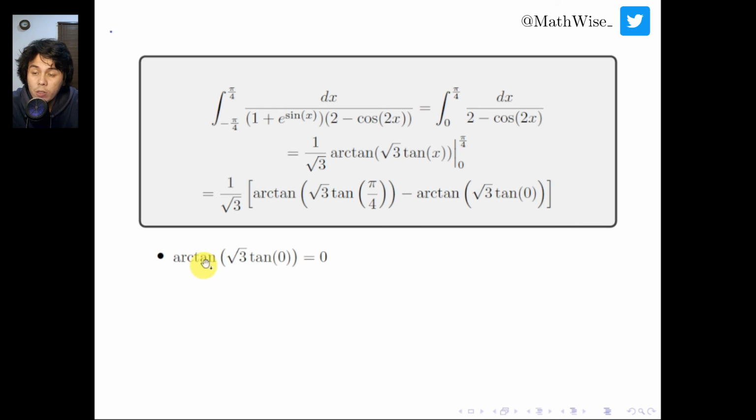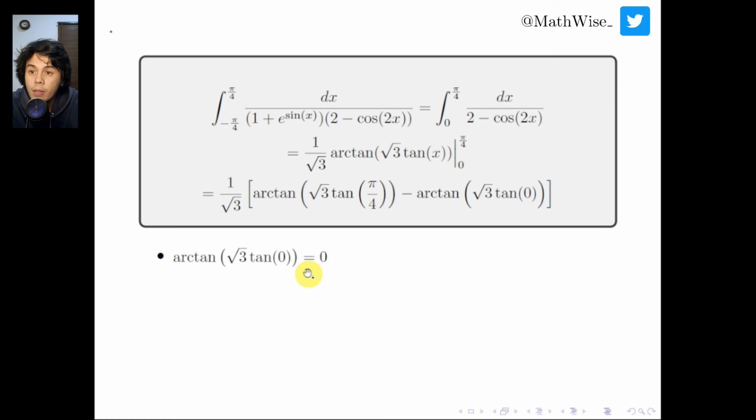Now for the tangent inverse of square root of 3 tangent of 0, that is equal to 0, because tangent of 0 is 0, right? And so this is 0. And tangent inverse of 0 is also 0.